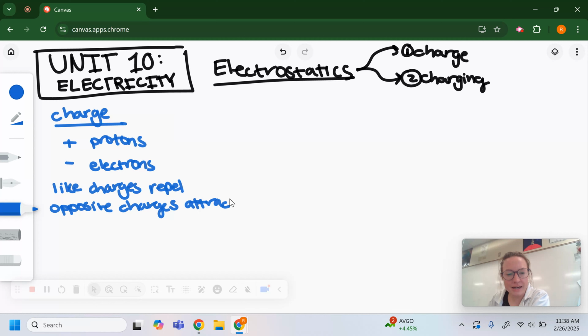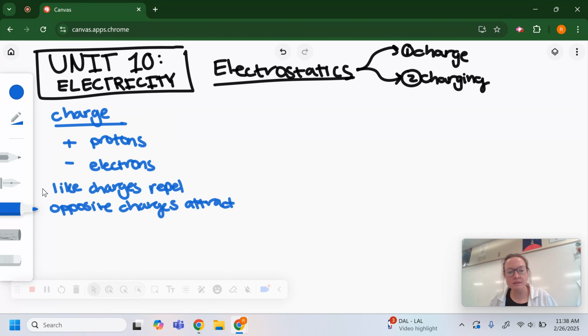A little positive charge next to a little positive charge says, no thank you, I don't like you very much, and they'll push each other away. Same thing with a little negative charge next to a little negative charge. But opposite charges, like a positive charge next to a negative charge, will pull towards each other. Opposite charges attract and like charges repel. That's something that you know.